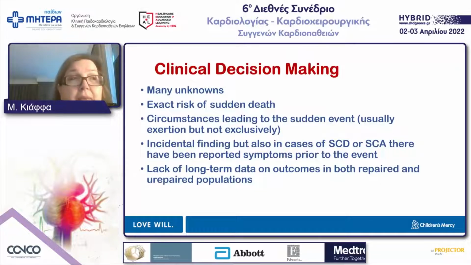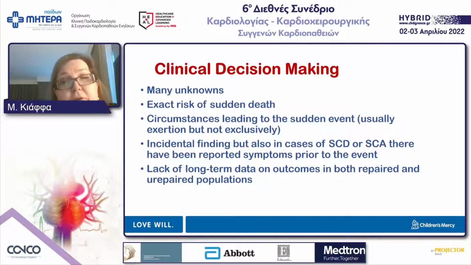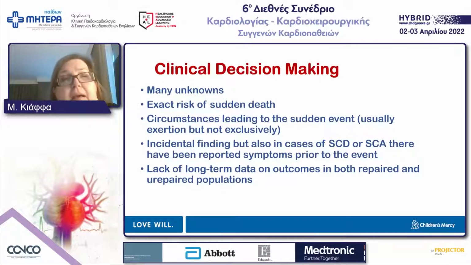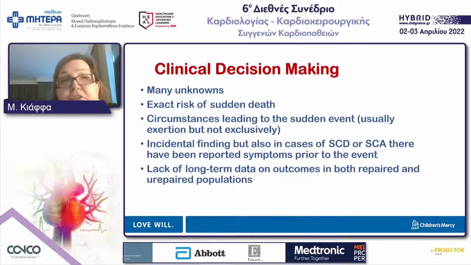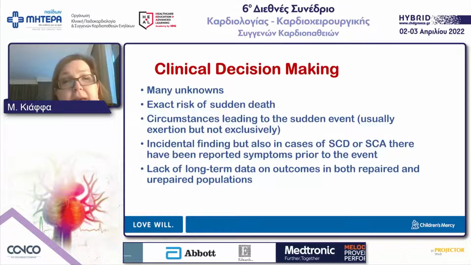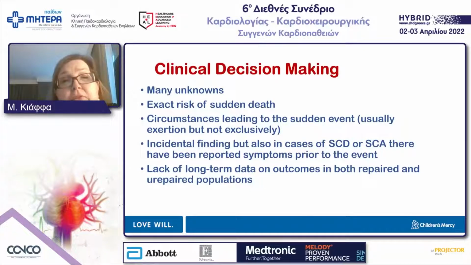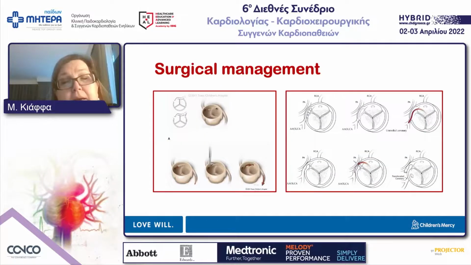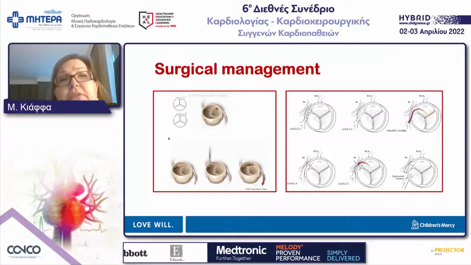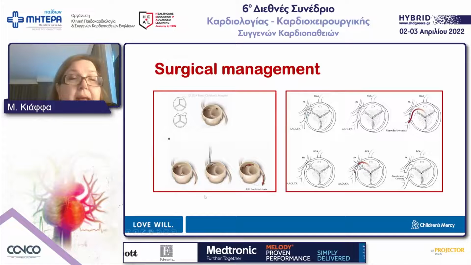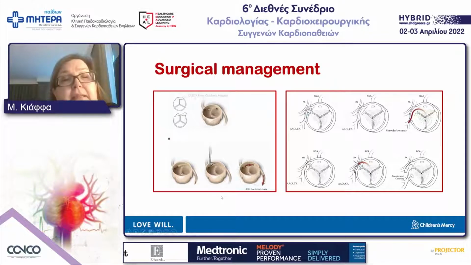There's the notion that the anomalous origin of the right coronary is not as dangerous as the left, but we still have sudden cardiac events in anomalous aortic origin of the right coronary. And of course, as I mentioned before, there's a lack of long-term data on outcomes in both repaired and non-repaired patients.